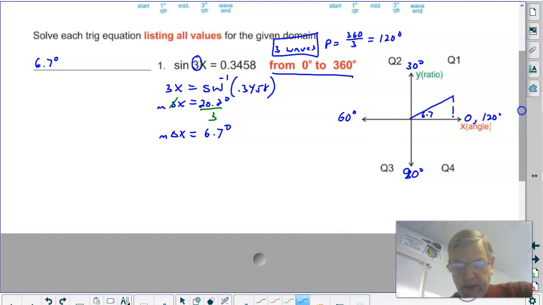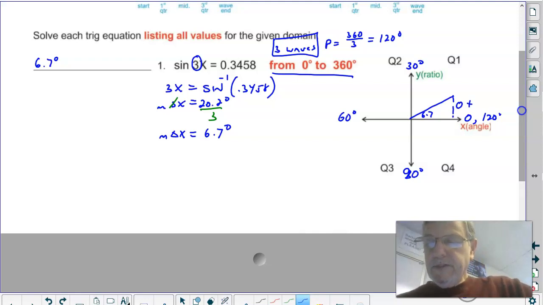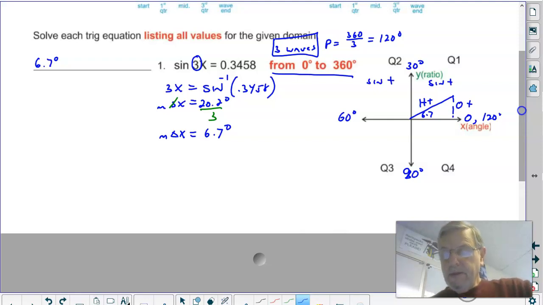And again, I'm doing the sine, and the sine is the opposite, which is positive, over the hypotenuse, which is positive, right? We had a positive 0.3458. All right, so that was our first value, 6.7. So where else is the sine positive? Well, the sine is also positive in the second quadrant. So let me use a little color here, go red.